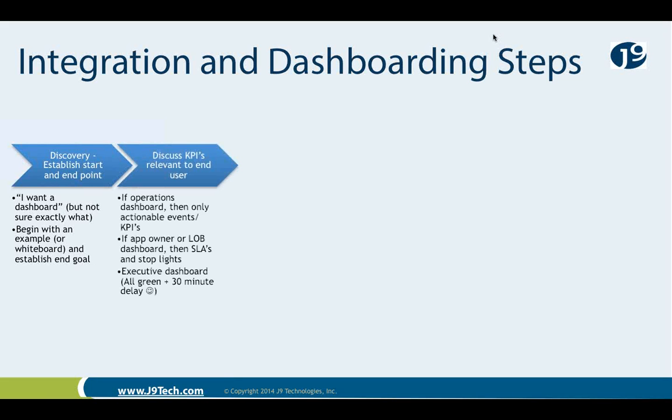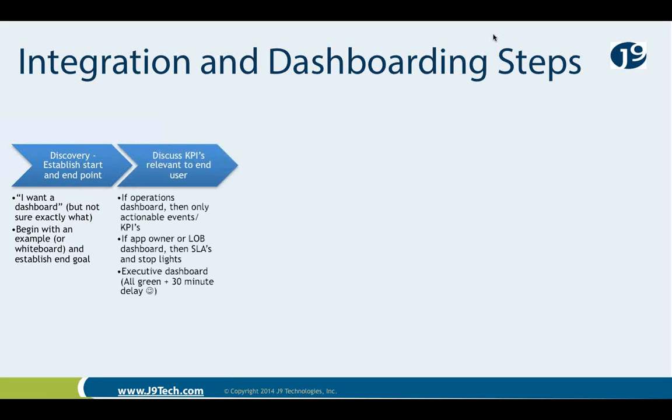So part of that is also discussing the relevant KPIs specific to the end user. For instance, if it's an operations dashboard, then you're looking mainly at operational or actionable events, like disk space getting full, something along those lines that allow you to very quickly isolate and remediate issues from an operational standpoint. If it's an application owner or line of business, then it's understanding whether or not your application is performing under its SLA.